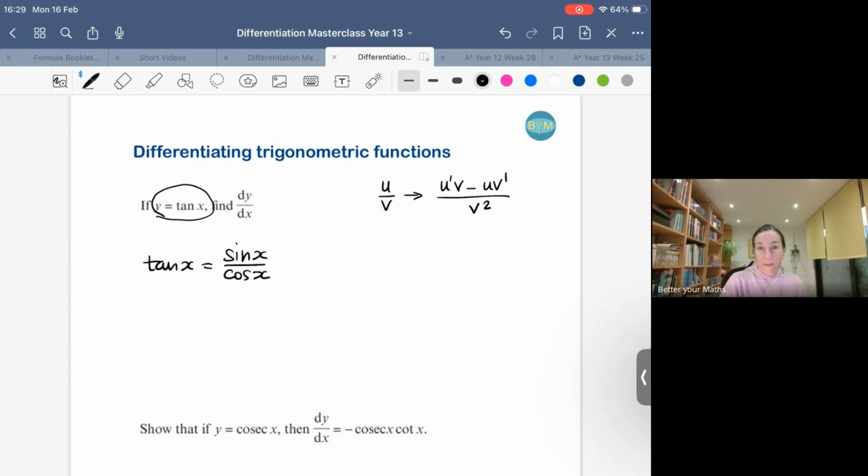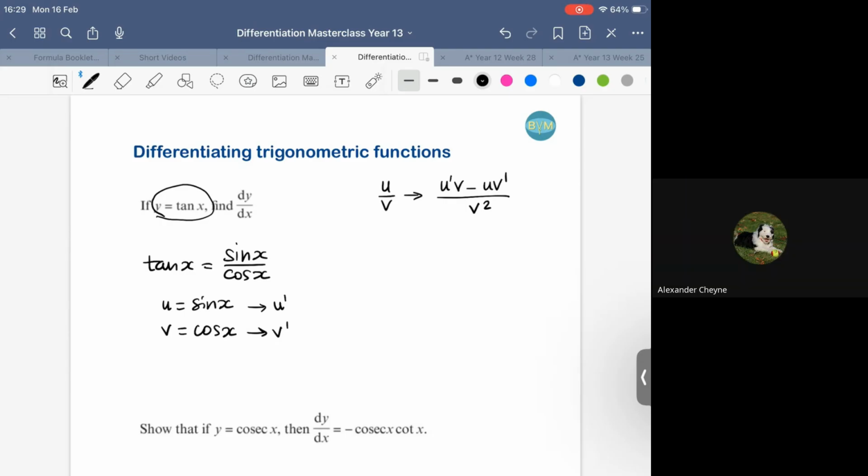What I'm going to do here: u is sine x, v is cos x. Who wants to help me differentiate this? Alex, please. Sine goes to cos and cos goes to minus sine.